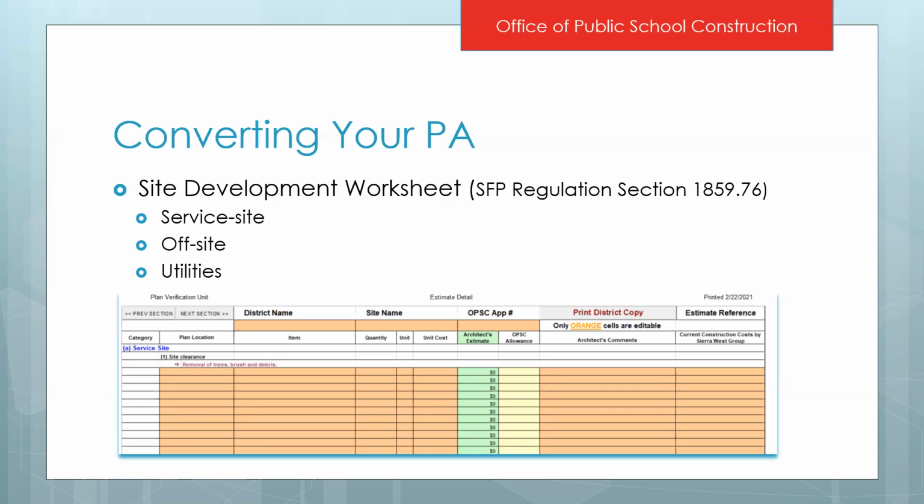Some key points about filling out this site development worksheet is that you'll need to make sure you are not requesting funding that isn't allowed in regulation if it specifically states it's not allowed, that you aren't reporting lump sums, and that you are using the current Sierra West construction cost numbers for the year that you're submitting this form.